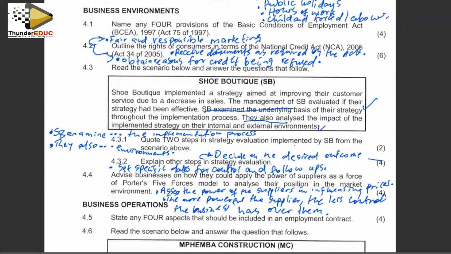Okay, right. We are saying that assess the power of the suppliers in influencing prices. And also, the more powerful the supplier, the less control the business has over them.